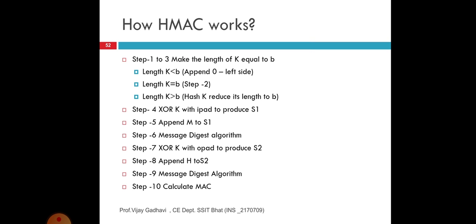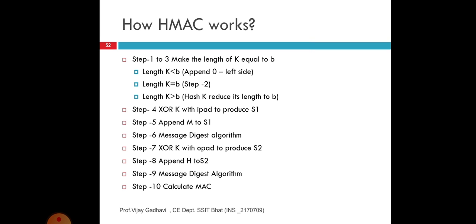In step 4, we apply an XOR operation with IPAD to produce S1. In step 5, we append the message to S1. In step 6, we apply the message digest algorithm and its steps. In step 7, we XOR the key with OPAD to produce S2. Then in step 8, we append H to S2.